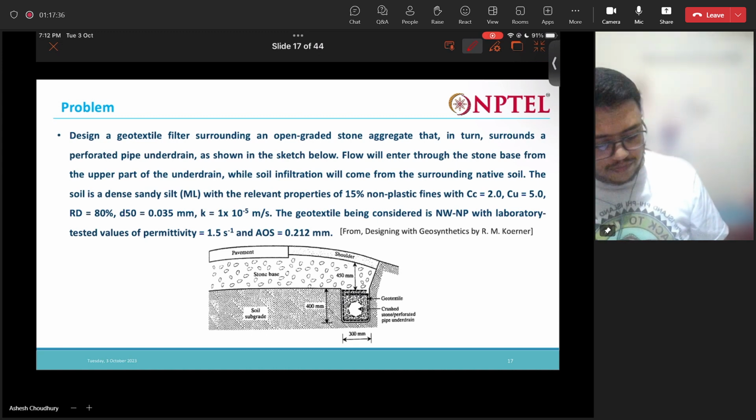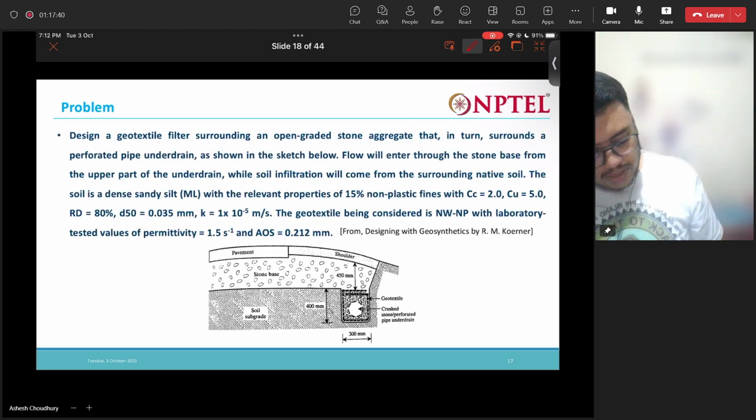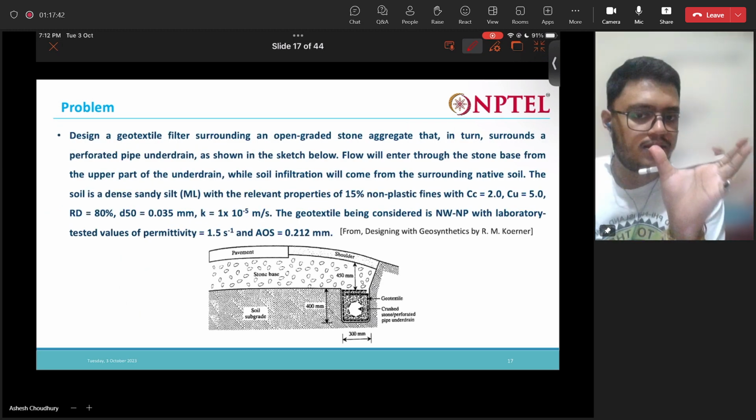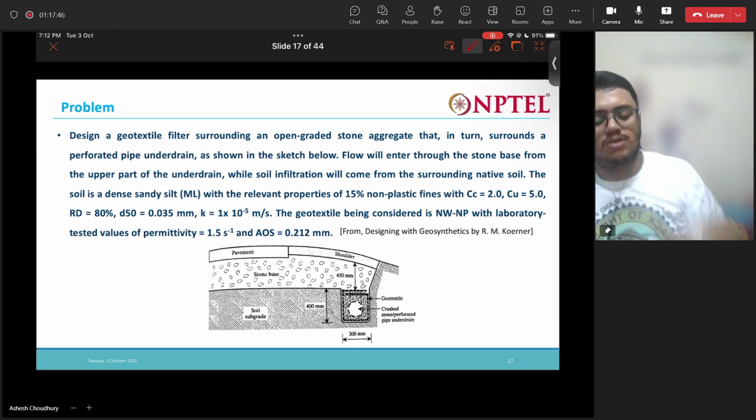So 0.45 times area. What is the area? Area is 0.3, 300 mm, so 0.3 meters into 1 per meter length out of the print direction.